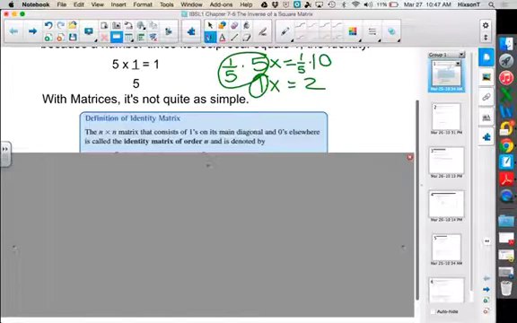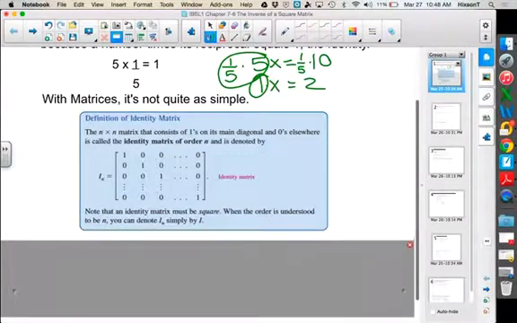It's a square matrix, we call it, because you have the same number of rows as you have columns. So you can't have a 4 by 3 identity matrix. It would have to be a 4 by 4 or a 3 by 3 or a 2 by 2. But here's the key: it has 1s on its main diagonal from the top left corner to the bottom right corner, and it has 0s everywhere else.